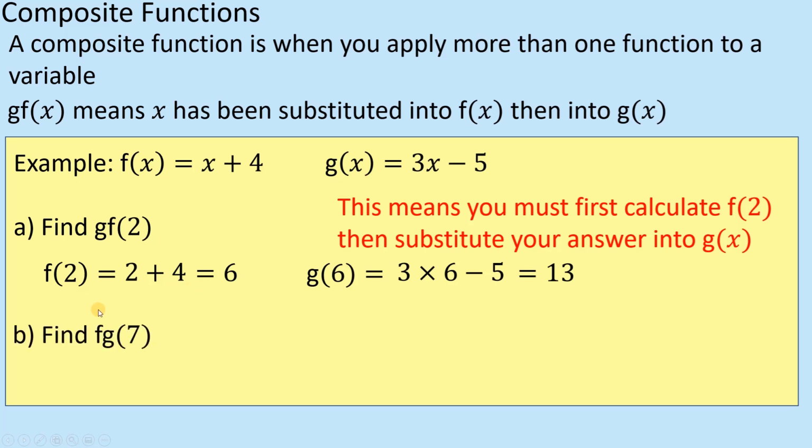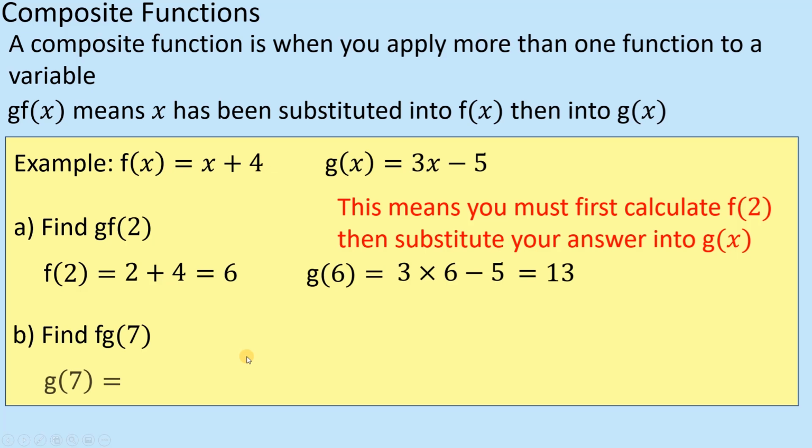So let's think about the other way around. We had g of f of 2. We've now got f of g of 7. What we're going to do is g of 7 first. So we're going to put 7 into g, get an answer, and then that one will go into f over here. Hope that makes sense.